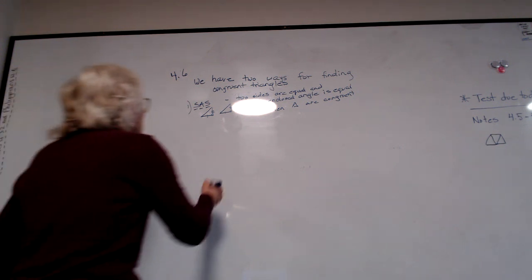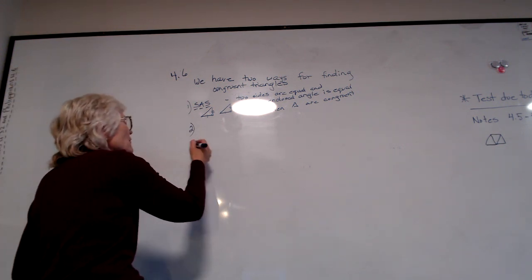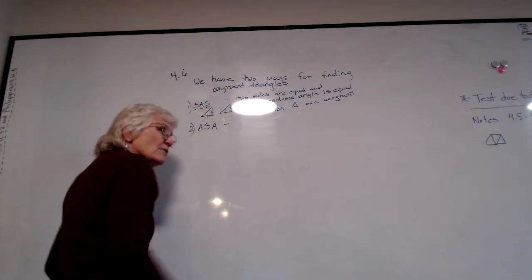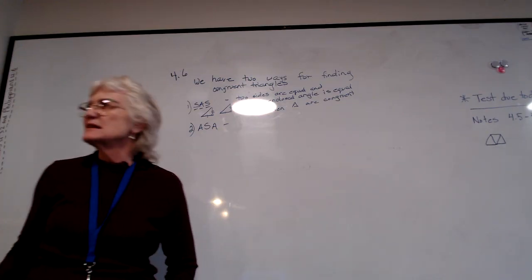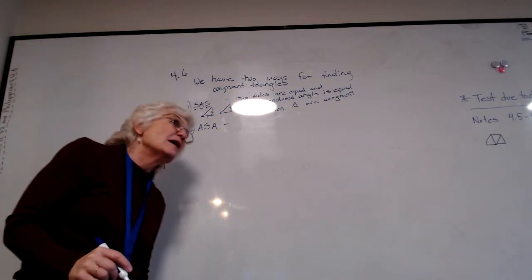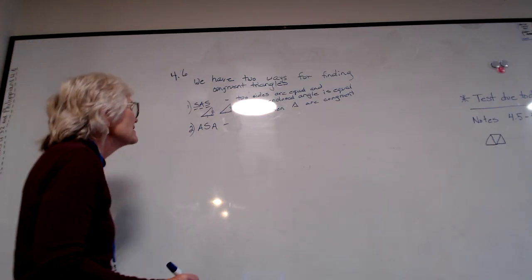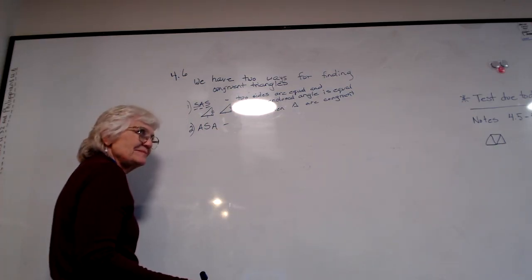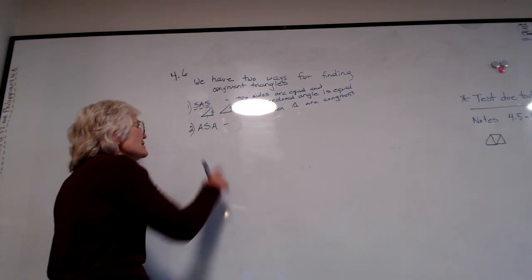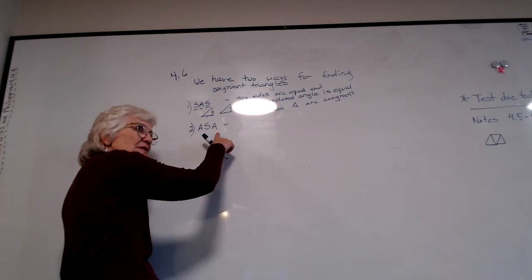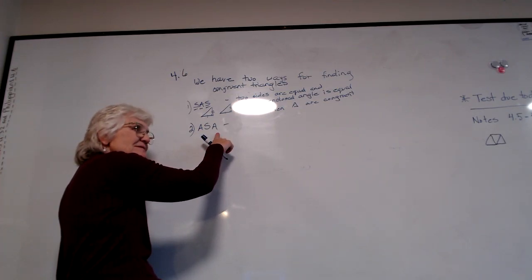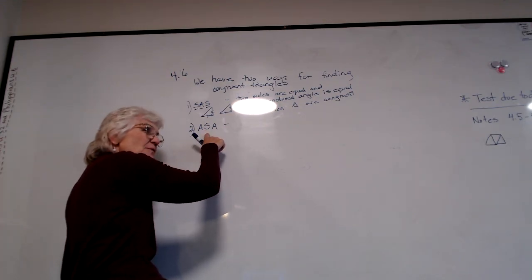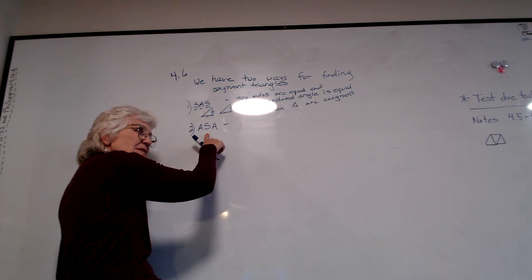The other one we looked at in 4-4 or 4-3, whichever one it was, ASA. What did that tell us? Let's see. How about Lucas? What does ASA tell us? I forgot. Look at it. If two angles and a side, what does the side have to be? Between the two. Yes.